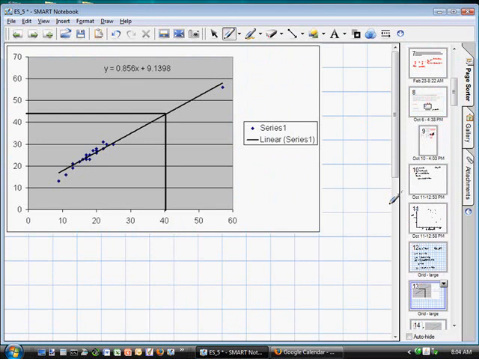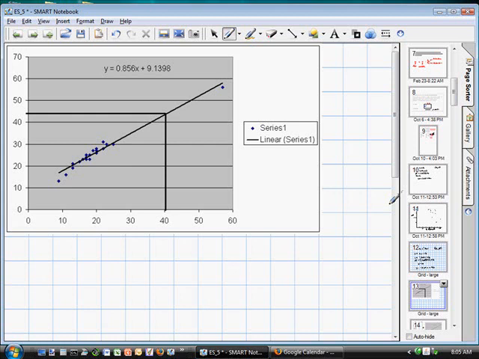Let me just show you what I was doing here, and then we'll later get to a real example. Here's an example where I did a scatter plot and a regression line, and then the book said use your regression line to make a prediction. You're going to find that this is going to come up. In this case they might have said, if x is 42, what would you predict to be the value for y?